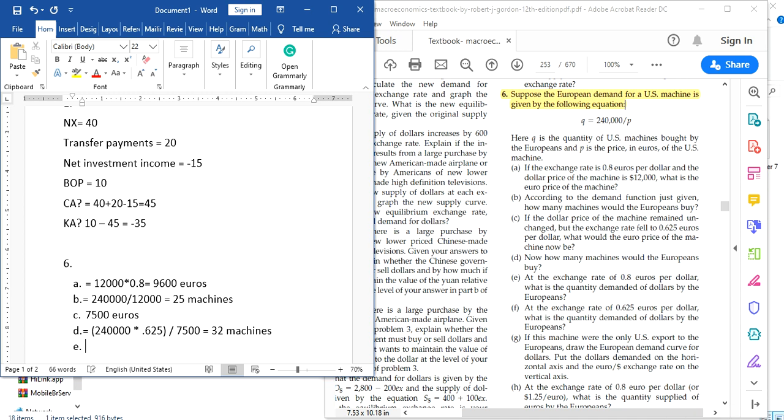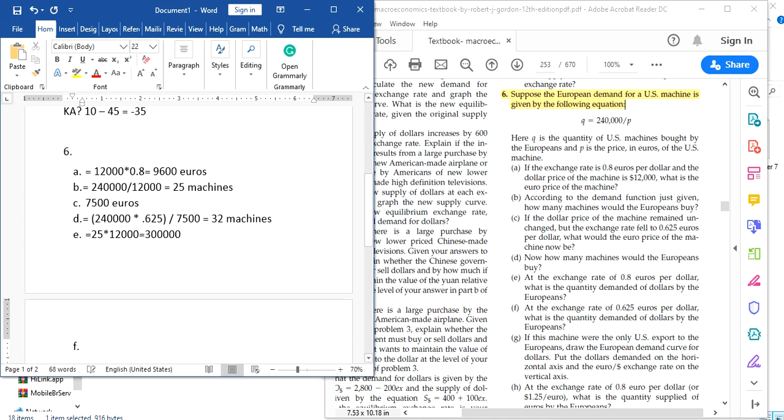That will be 25 multiplied by $12,000, which equals $300,000. And at the exchange rate of 0.625, we know 32 machines will be required.